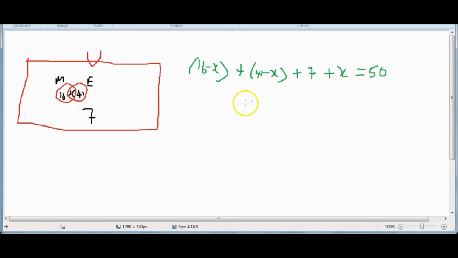So we're going to have 16 minus x plus 41 minus x plus 7 plus x is equal to 50.